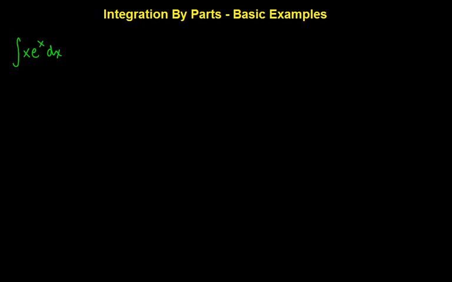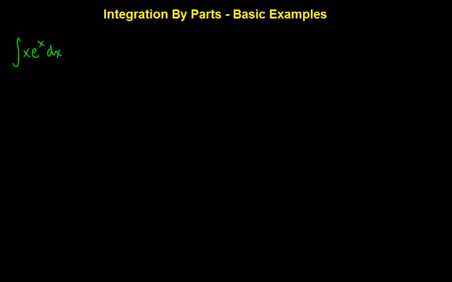Now, one of the most basic forms of this would be the integral of x e to the x. You can't do u substitution with this, and there's no way that we've learned so far to antidifferentiate the product x e to the x. But it's possible to transform that into another expression that could be more easily integrated.